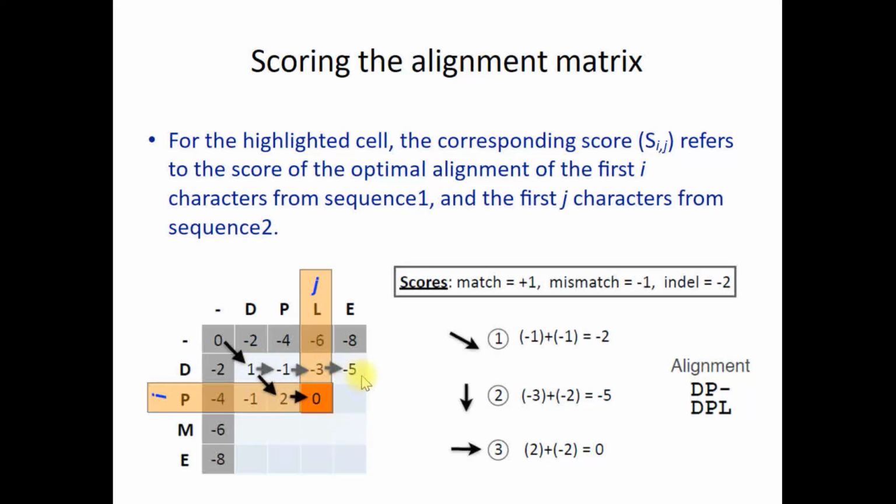Then we do the same thing, finish the second line, and then we go to the third row. For this orange one, its diagonal is -2, the vertical is -5, and the horizontal is 0, so we put a 0 here.